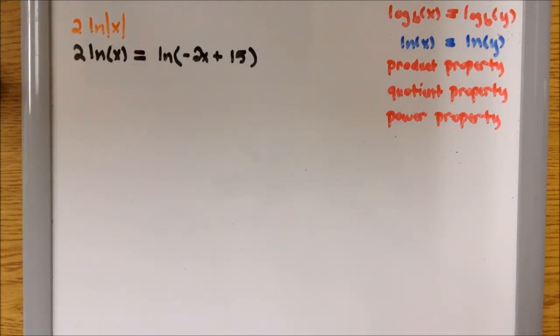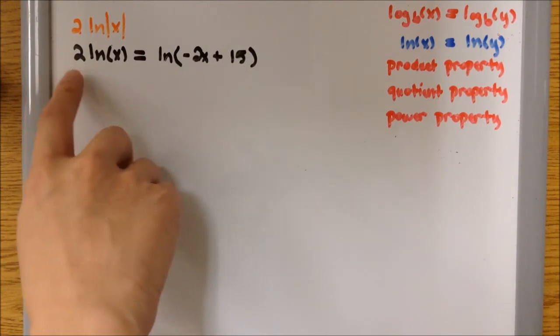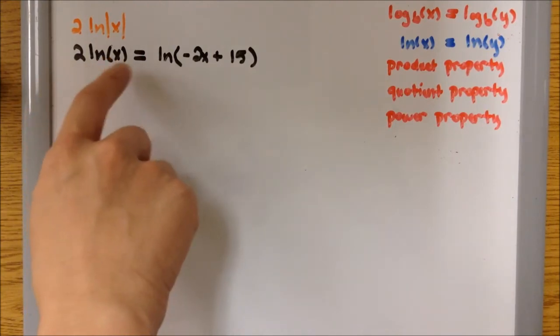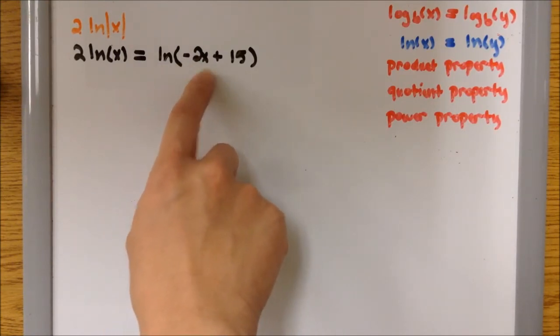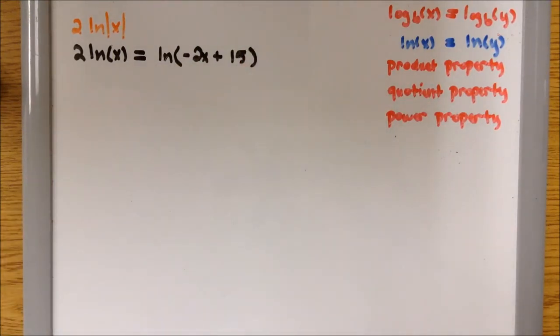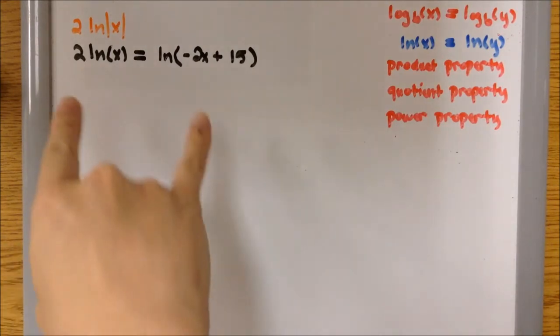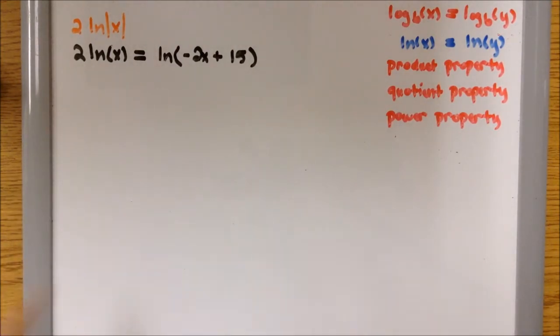Alright, but for example 3, we're just going to use 2 times natural log of x, with the parentheses, equal to natural log of negative 2x plus 15, with the parentheses. Now if we take a first glance, we do see that there's one natural log on the left and one natural log on the right.